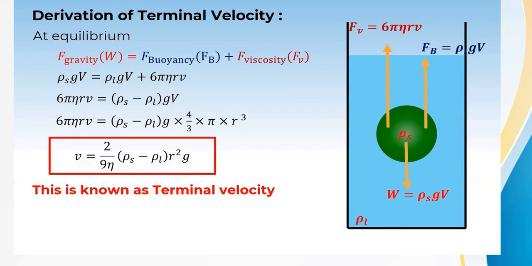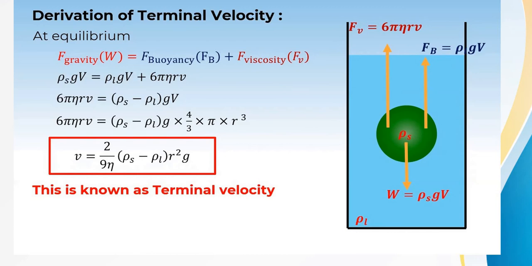Similarly, buoyant force, as we have already discussed, is equal to the weight of the liquid displaced. Whenever this object is falling, it will displace an equal amount of liquid, and only then can it come into the liquid. So the volume of the liquid displaced will be equal to the volume of the object. So buoyant force is equal to volume of the object into density of liquid into acceleration due to gravity, because buoyant force is equal to the weight of the liquid displaced by the object.